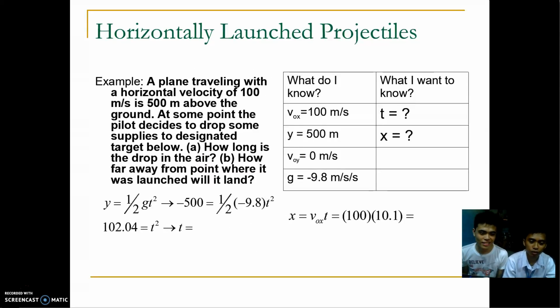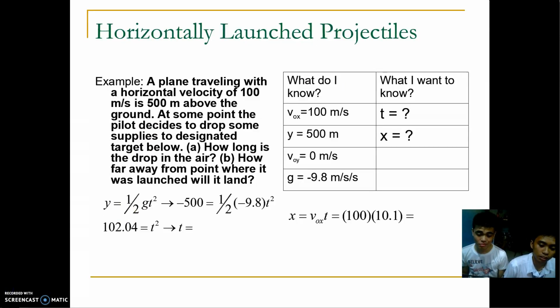So we have one example about a horizontally launched projectile. A plane traveling with a horizontal velocity of 100 meters per second is 500 meters above the ground. At some point, the pilot decides to drop some supplies to a designated target below. A. How long is the drop in the air? B. How far away from the point where it was launched will it land? So here is the given.